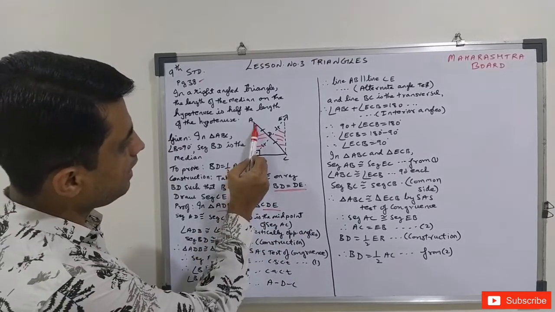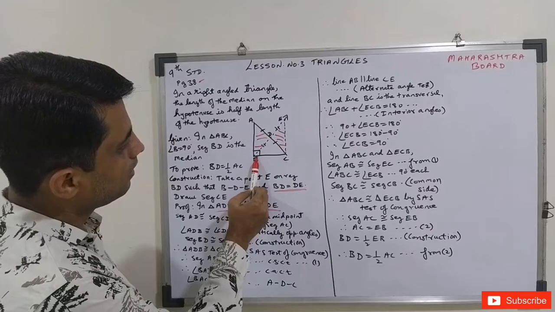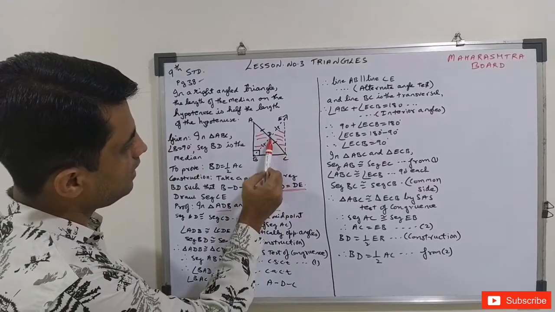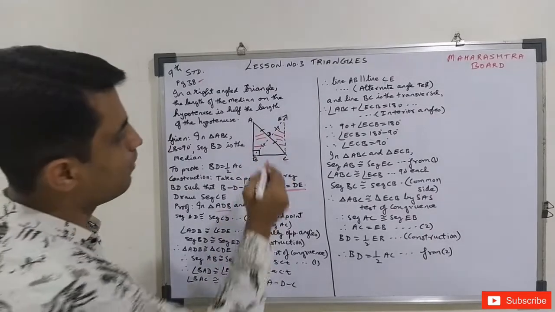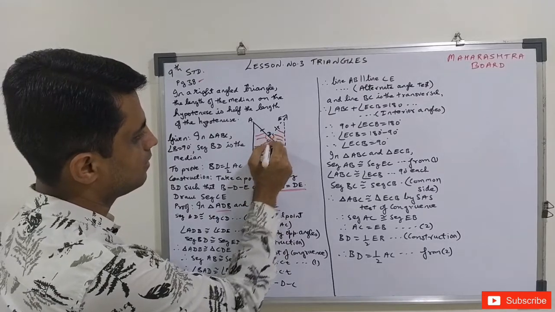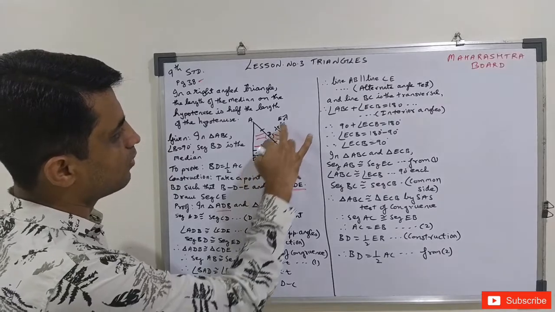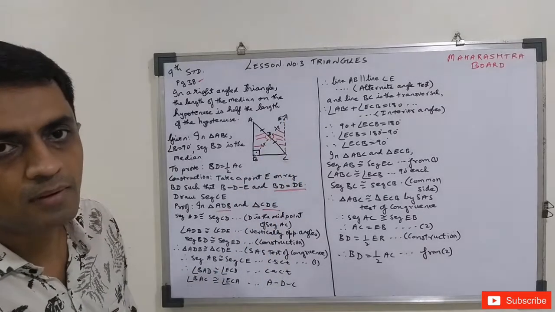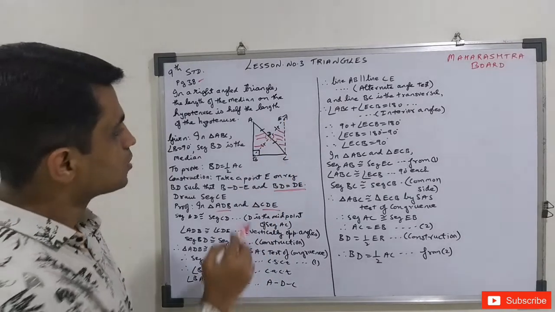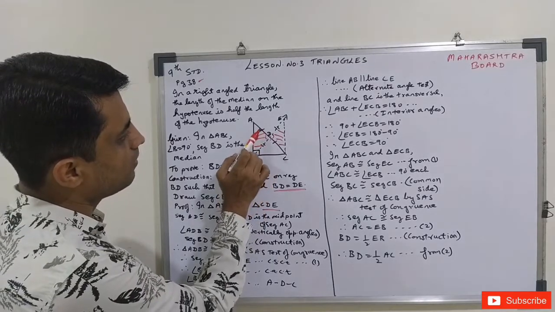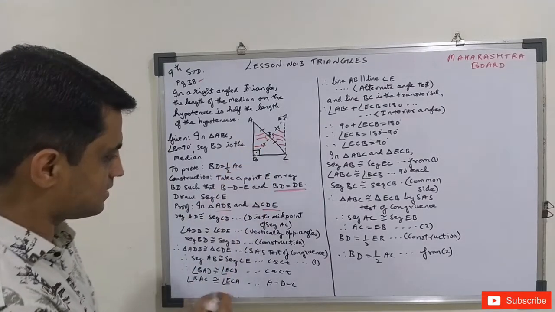Then angle ADB is congruent to angle CDE. Why? Opposite angles. And segment BD is congruent to segment DE by construction. So both the triangles are congruent by SAS test.